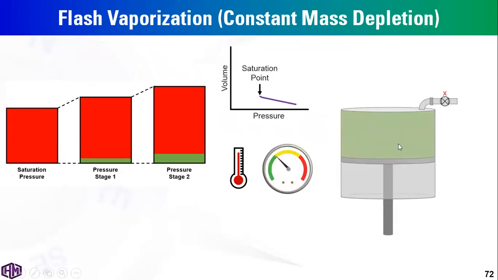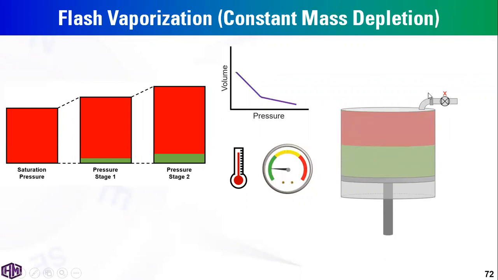So reduce pressure, still above the bubble point. Once the gas appears at the bubble point, we have a change in the slope of this pressure-volume relationship. Again, above the saturation pressure, no gas, but below the saturation pressure, we have a much larger increase in the total cell volume due to the release of solution gas.